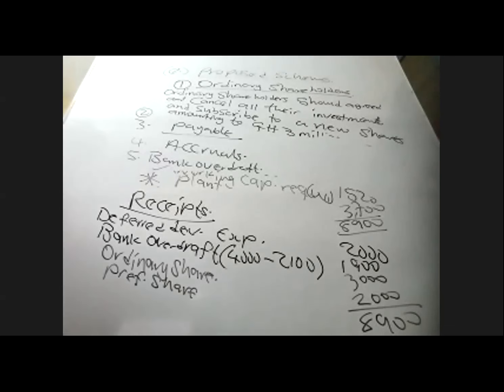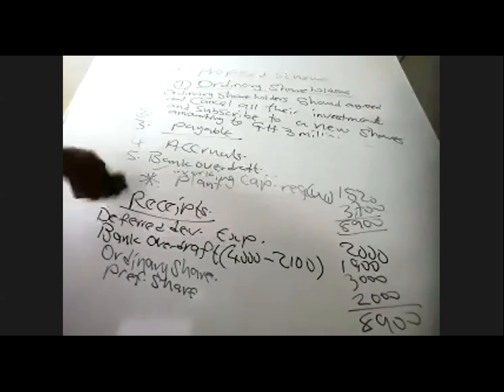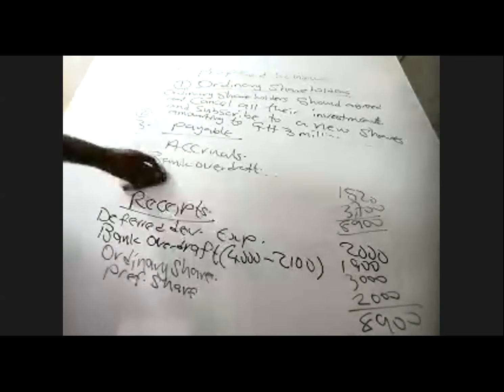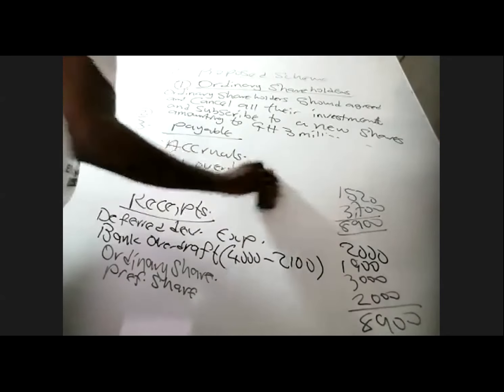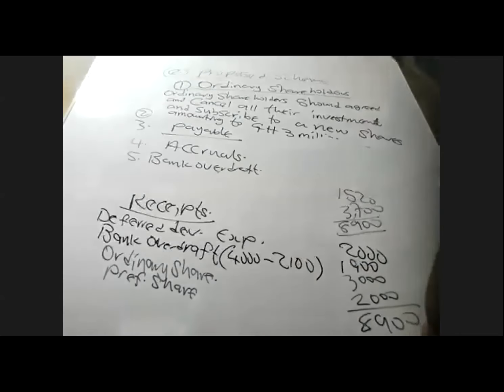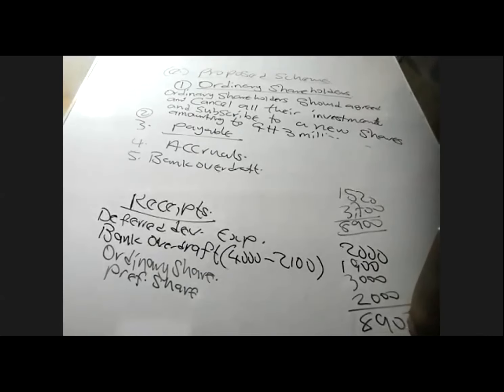Who can write bank overdraft for me? They are not losing everything. Let me clean it from there. Who can tell me how the statement will be? So we are writing a scheme. Bank overdraft. How much should they lose? How much should they bring?